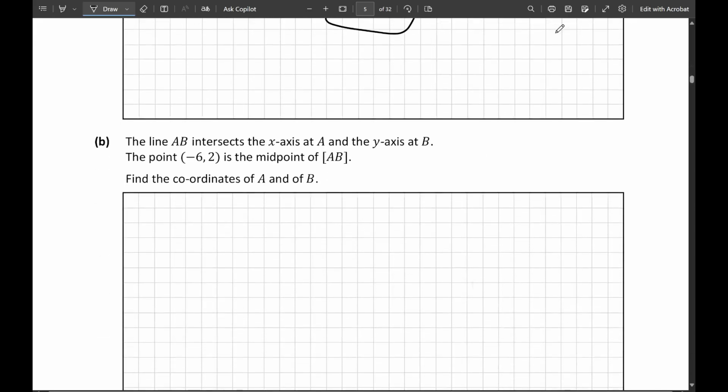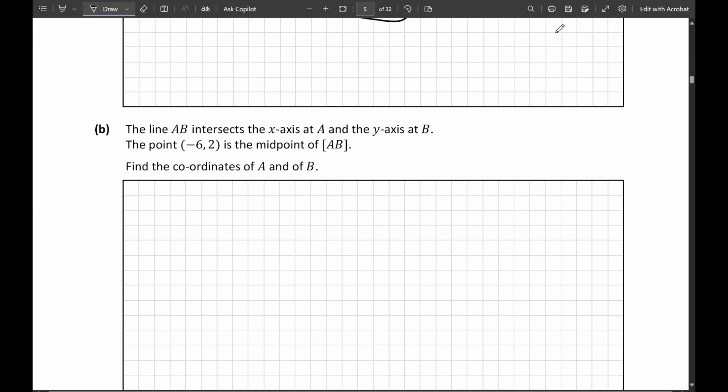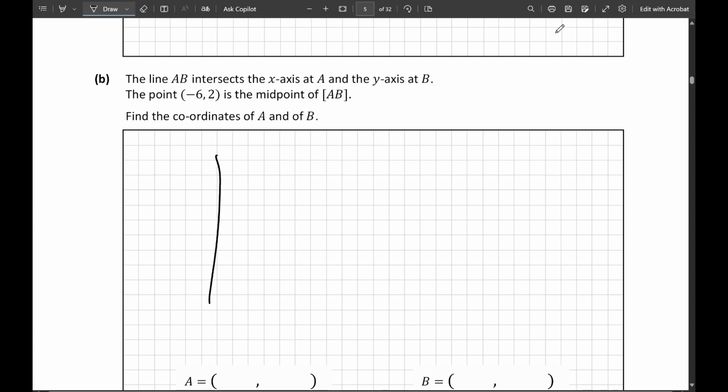Okay, the line AB intersects the x-axis at A and the y-axis at B. The point minus 6, 2 is the midpoint of AB. So draw a diagram as always. We have AB intersects the x-axis at a point A, and y-axis at B, but also minus 6, 2. So the line might look something like that.